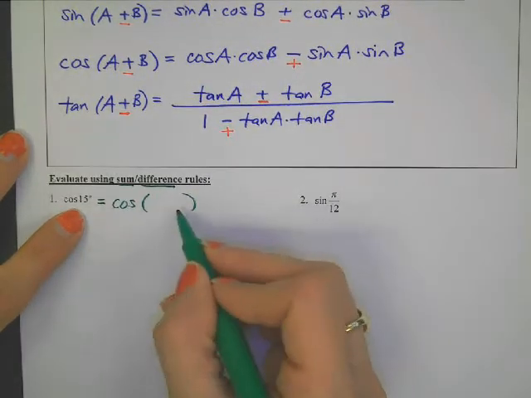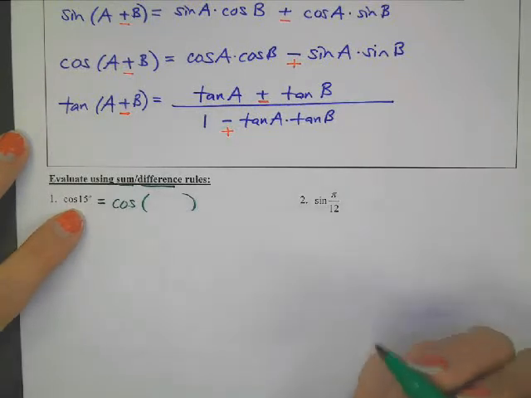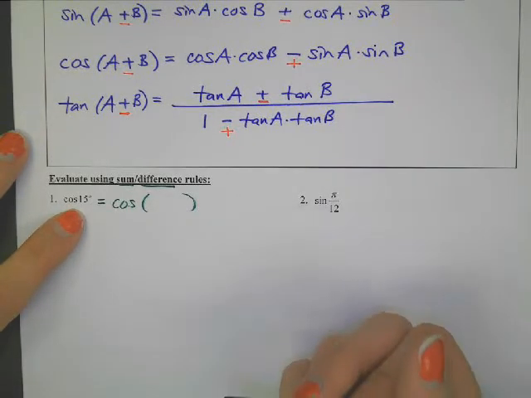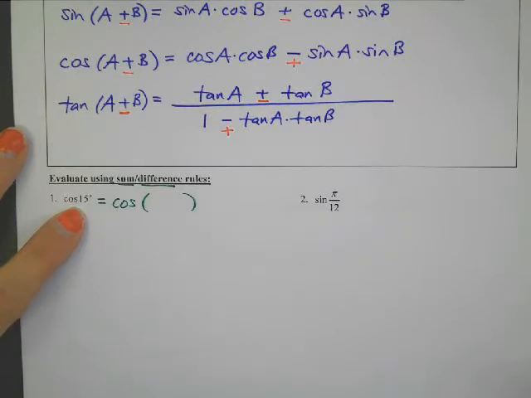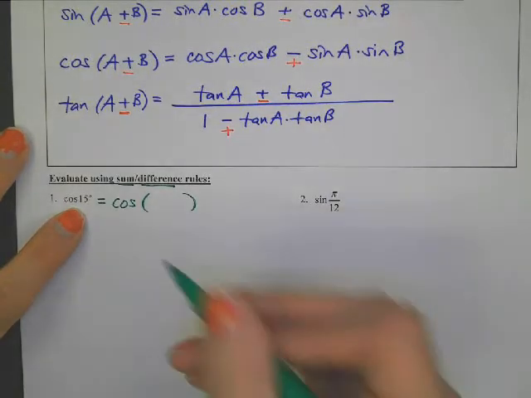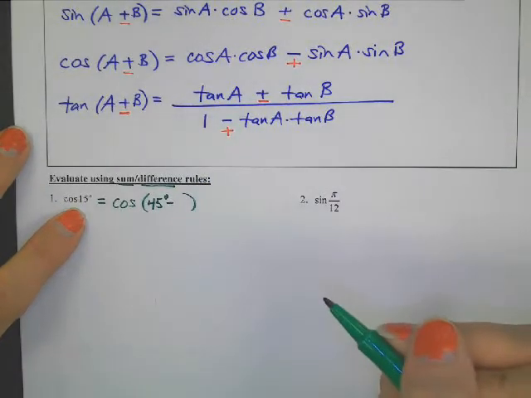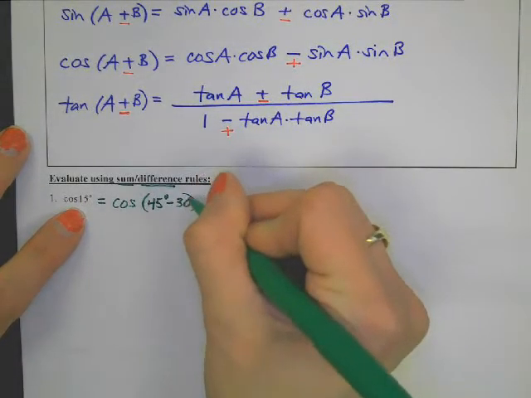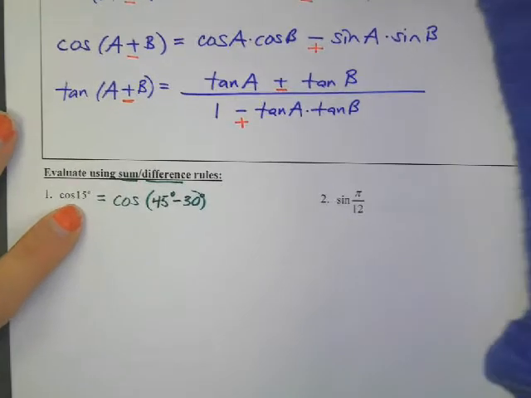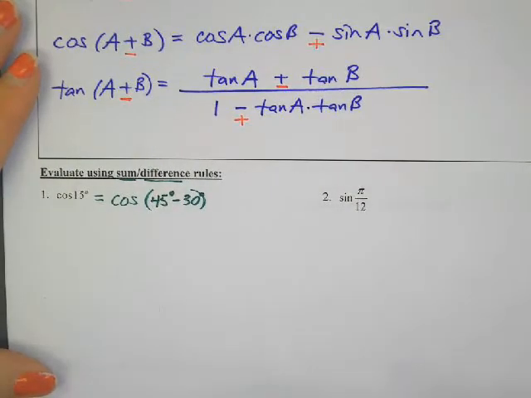I know I could do 5 plus 10, but we don't know 5 or 10. So we have to pick angles we know from the unit circle. Well, I know what we could do. We could do 45 minus 30. So try to think of two angles that you know from the unit circle.